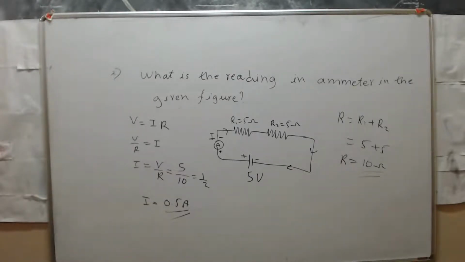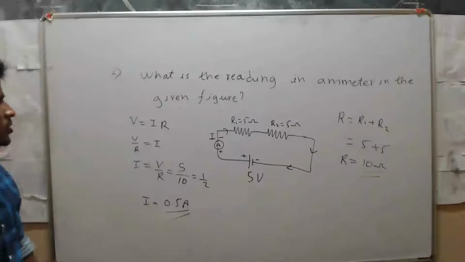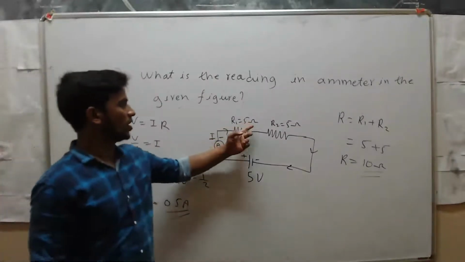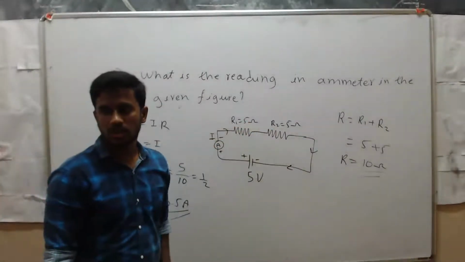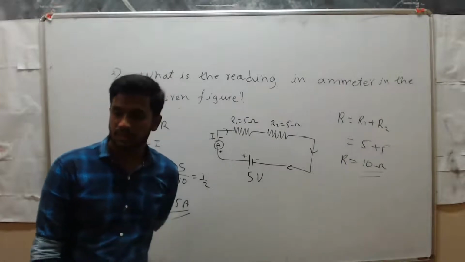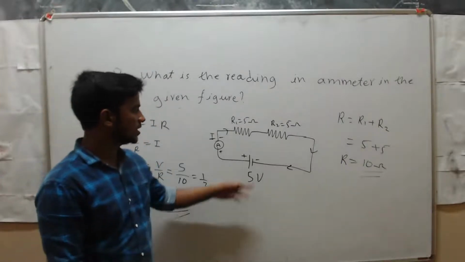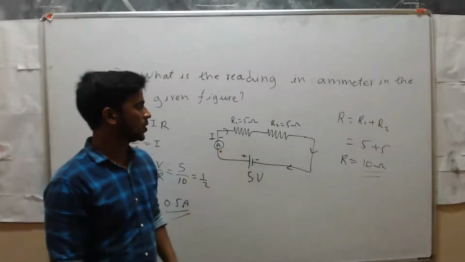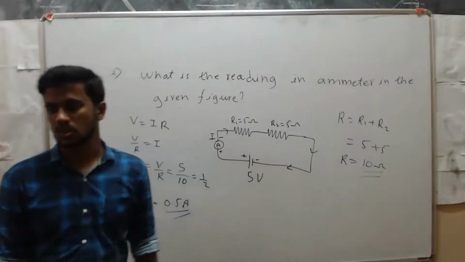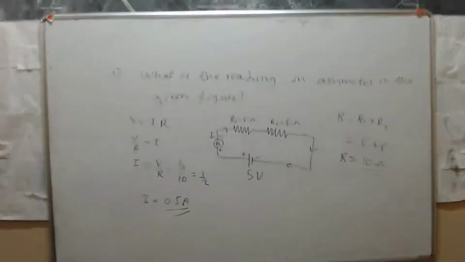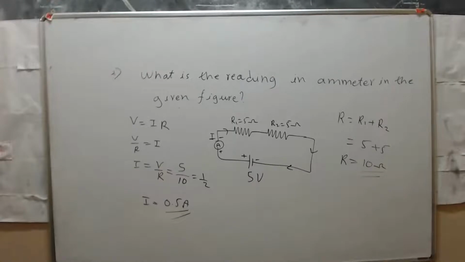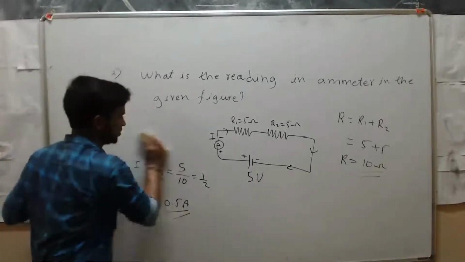The voltage of R2 is also 2.5. Okay, so here both are equal, right? 5 ohm, 5 ohm. Both the ratios are the same, right? So definitely we can say that voltage across R1 is 2.5 and voltage across R2 is also 2.5. Yes, next one.